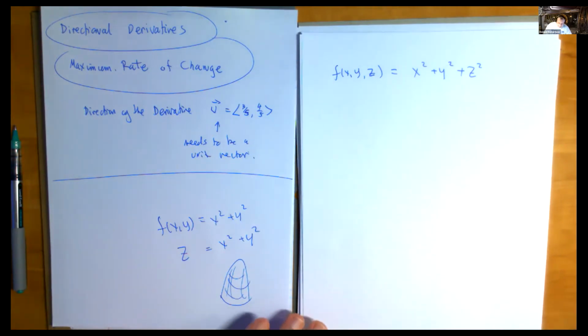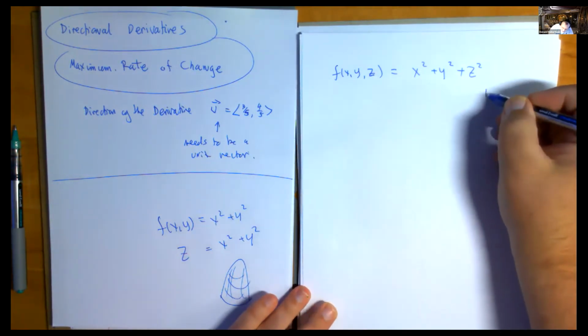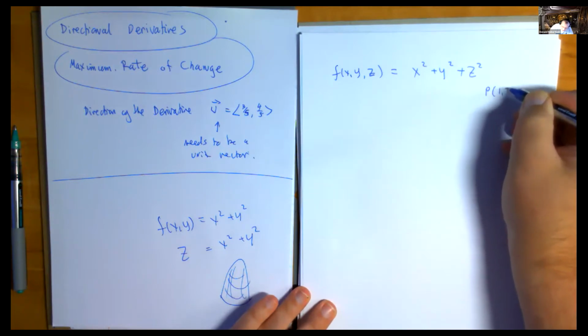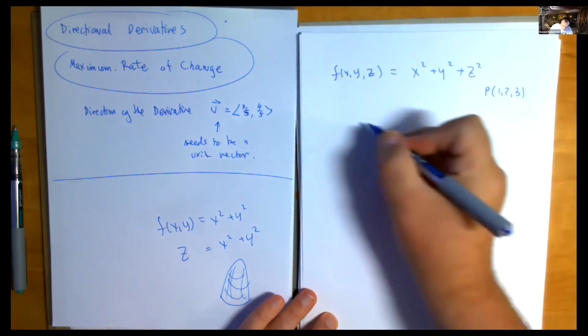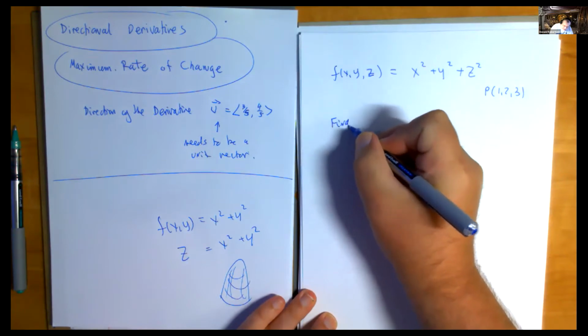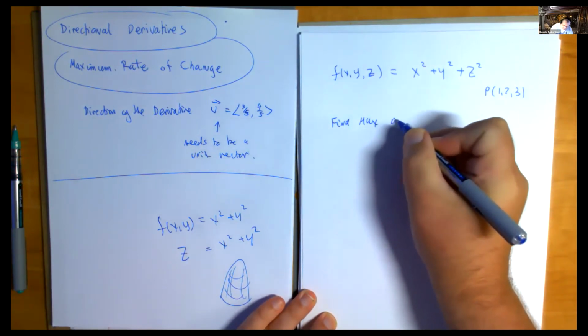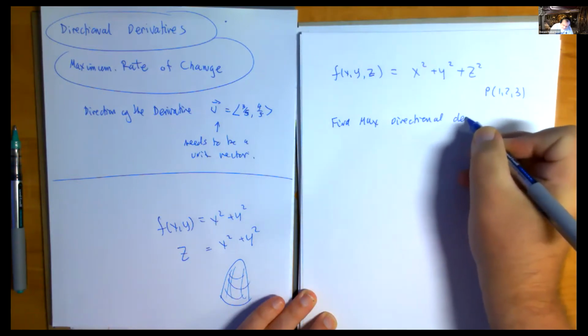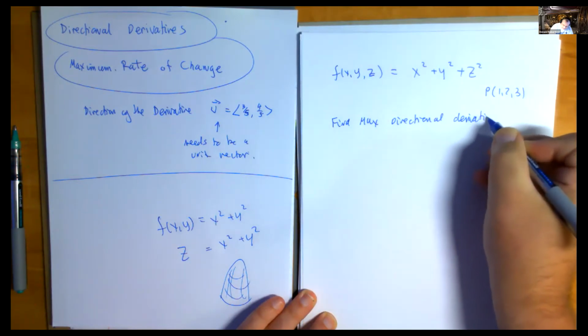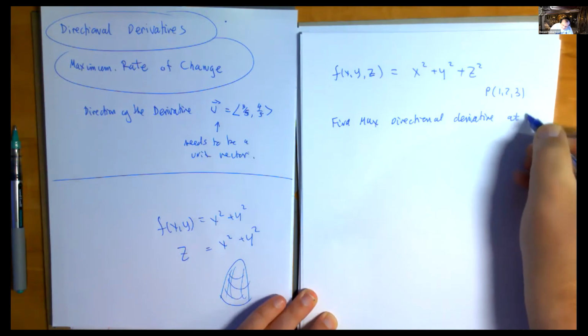But our question is, at the point (1, 2, 3), what is the maximum derivative? So we've been asked to find the maximum directional derivative at that point.